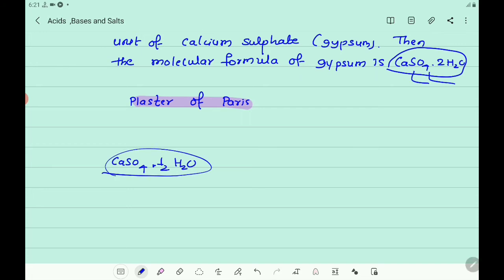And how will you get plaster of Paris? By heating gypsum at 373 Kelvin, it loses water molecules and becomes calcium sulphate hemihydrate, which is called plaster of Paris. So CaSO4 half H2O is known as plaster of Paris. This is prepared by heating gypsum at a temperature of 373 Kelvin, that is near about 120 to 130 degrees centigrade.